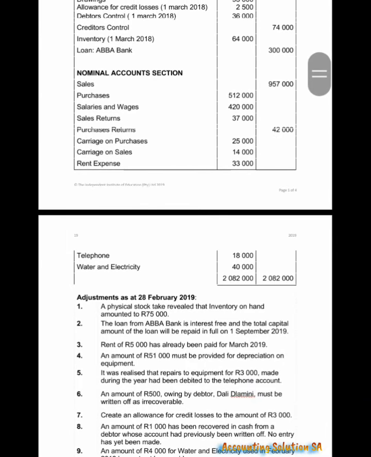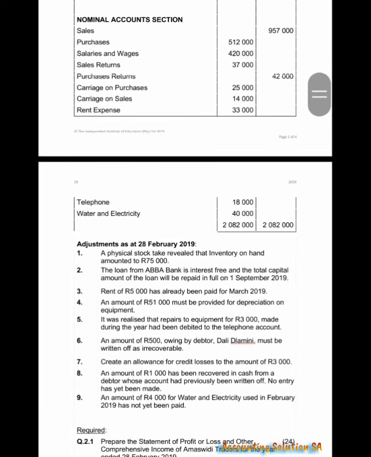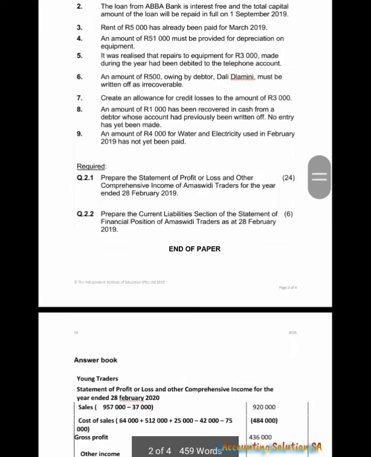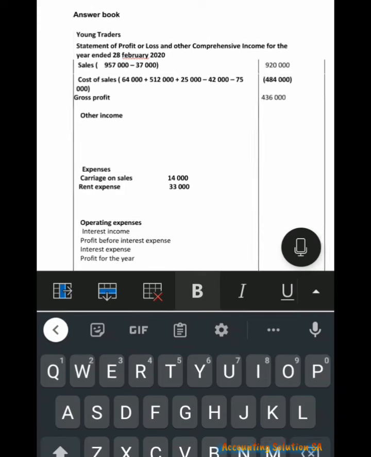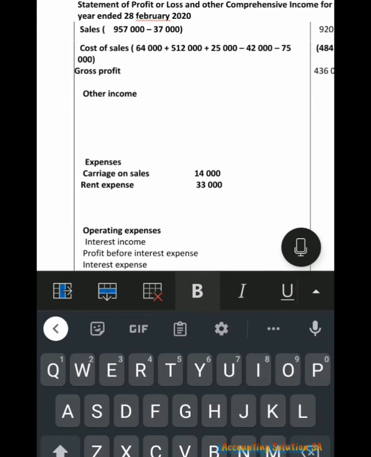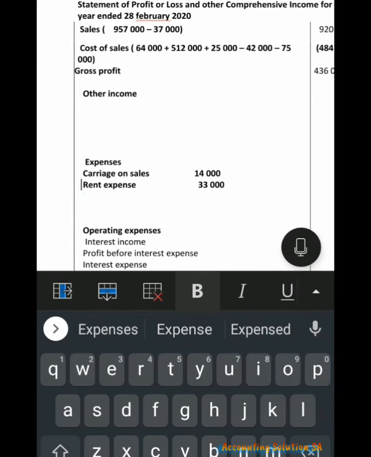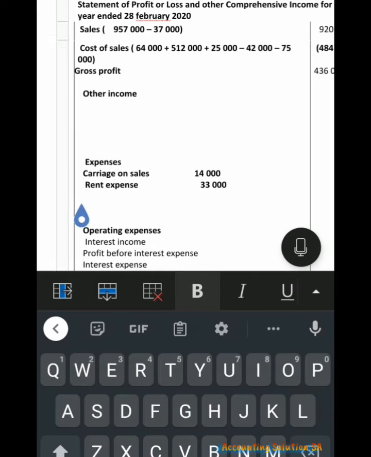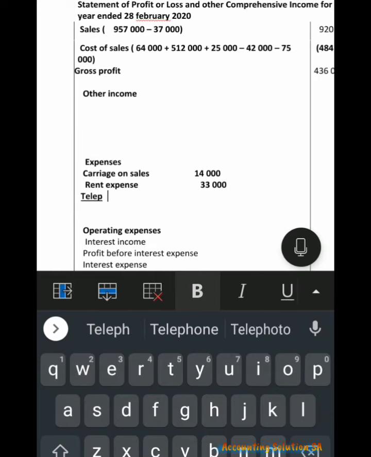Okay, then let's move to the next one. Then we also have a telephone. A telephone we have amount of 18,000. If we find that we have any adjustment, which means that we're gonna open a bracket. We have telephone of 18,000 and water electricity of 40,000. Okay, let's start with a telephone. Telephone, we find that is 18,000.